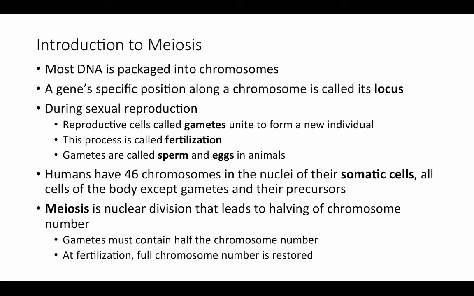It's a nuclear division that leads to a halving of the chromosome number. So these gametes will have half the number of chromosomes that somatic cells possess. So at fertilization, when two of these gametes come together, they combine their half complement of chromosomes together to restore the full chromosome number. So in the case of humans, that would be 46.